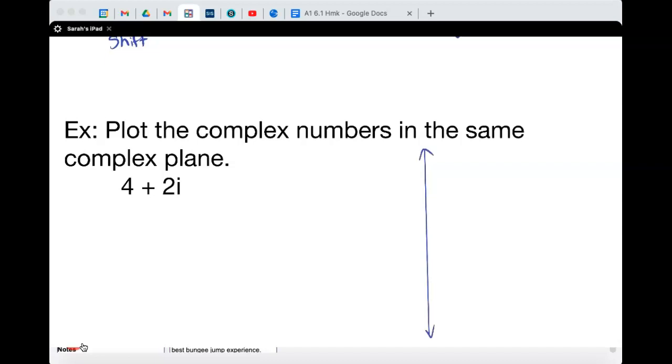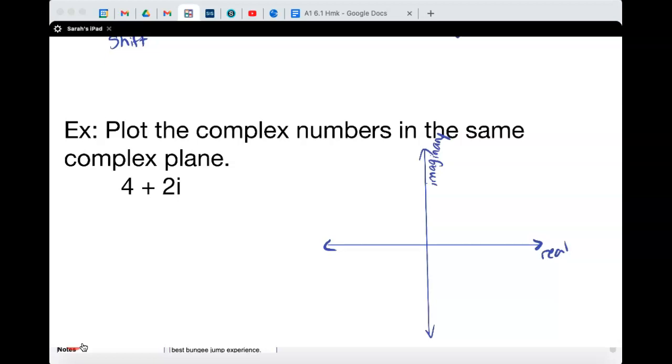That might be up or down. So when you make your graph, label this as real and label this as imaginary. I don't know if I spelled imaginary right, doesn't matter. I'm not an English major here, people, so I don't spell correctly. So 4 plus 2i.